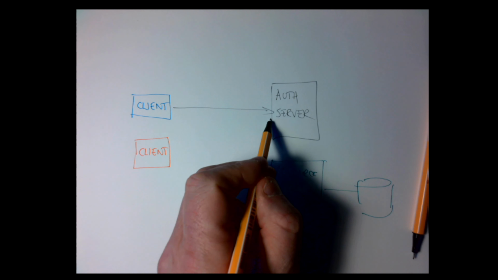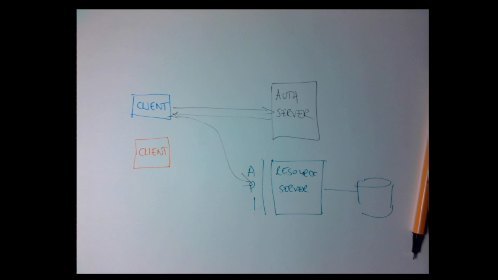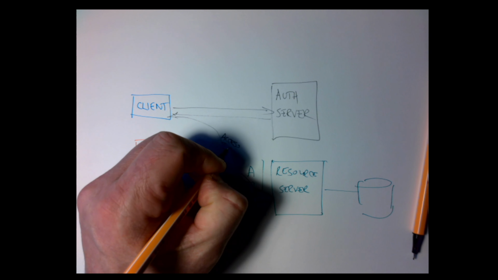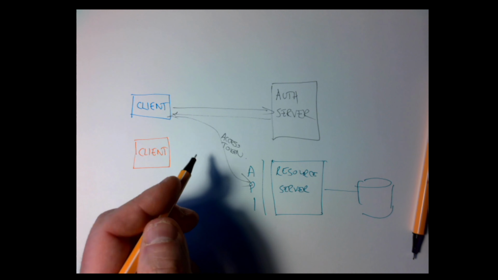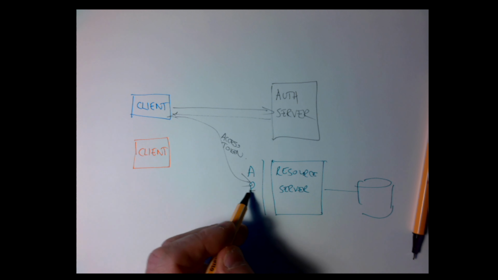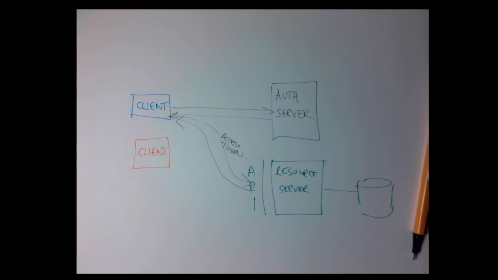And it will say, yep, here's the token. And then it will go to the resource server and say, I've got this token now. It's usually a JWT or something like that. It doesn't have to be. And then the resource server says, okay, I trust you, and you can have your information back. So those are the three roles in OAuth 2.